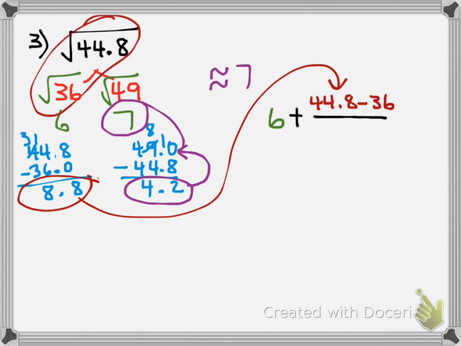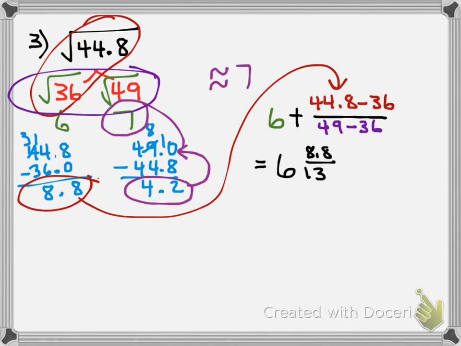And in the denominator goes the difference of the perfect squares. So at this point, we have 6 and 8.8 thirteenths. It's between 6 and 7. I'm supposed to put the smaller square root as my whole number part.